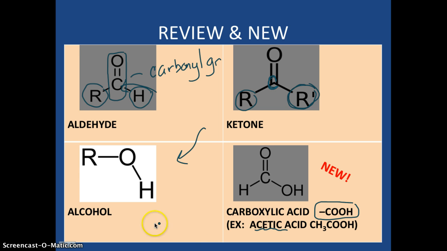So you guys probably remember from chemistry, this guy right here, this is an acetate ion. And of course, when it bonds with a proton, it is going to form that stuff right there, which is acetic acid. So acetic acid is a carboxylic acid.